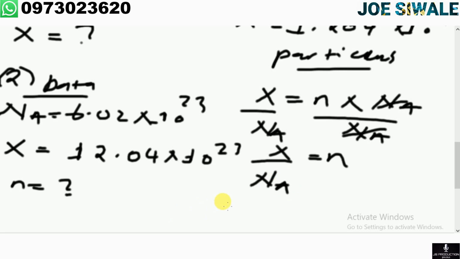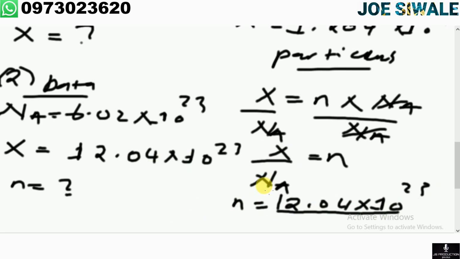So I'm going to say number of moles is equals to my x here, the number of particles that have been given, 12.04 times 10 to the power 23, over the Avogadro's number, that's 6.02 times 10 to the power 23. So if you do your calculations there, the number of moles is equals to 2 mole.